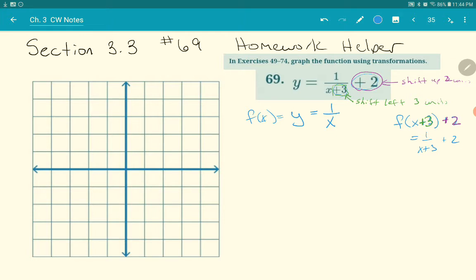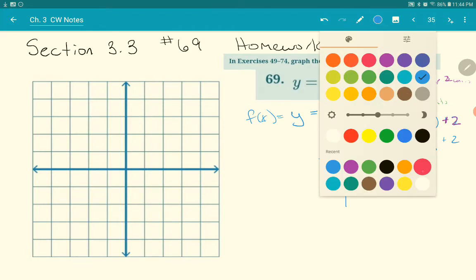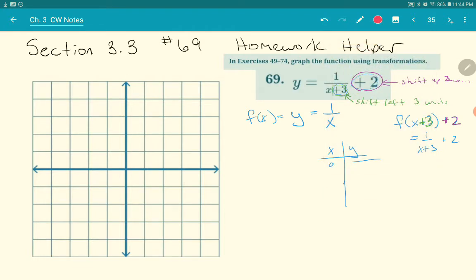So starting with the parent function. If I don't remember what that graph looks like, I can always use an XY table to refresh my memory. Plot a couple points. If I try to plug in 0, I see it's undefined, so I know there's a vertical asymptote there. I'll draw a vertical asymptote at x equals 0.